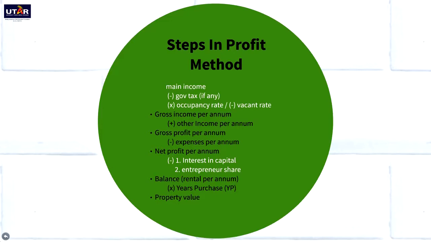Gross profit per annum minus the expenses per annum, you will get net profit per annum. This net profit per annum will be minused with the interest on capital and entrepreneur's share, then we get the balance. This balance represents the rental per annum, times the years purchased, in order to get the property value.